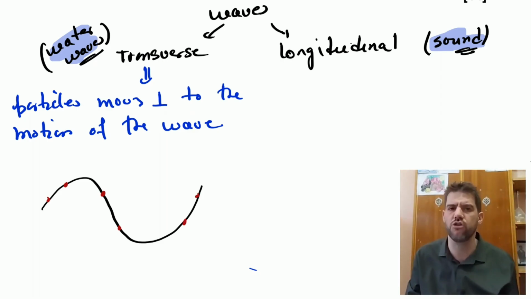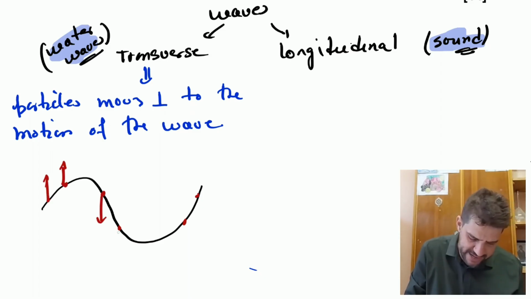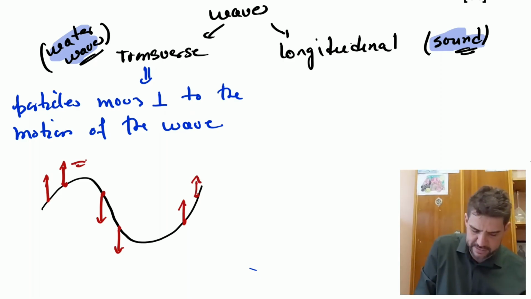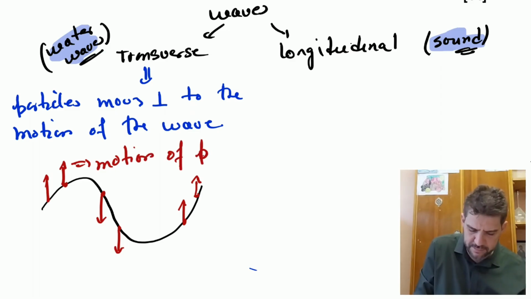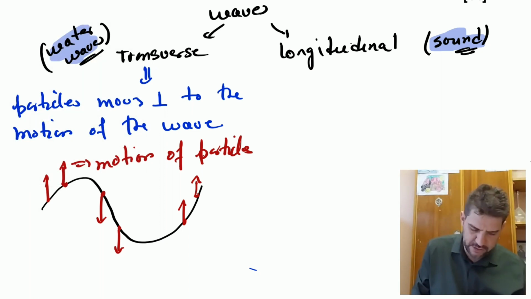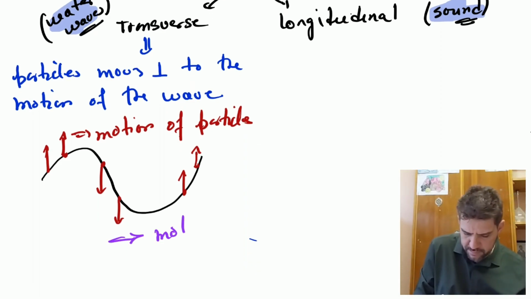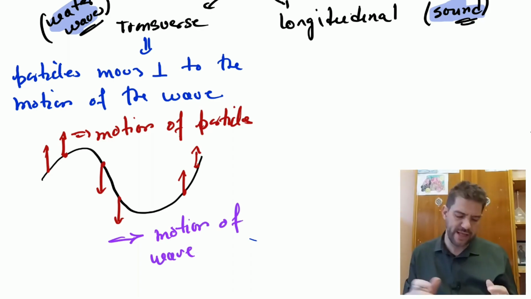I'm not going to represent all of them, but those particles are moving up and down as the wave moves in another direction. These represent the motion of particles. But this wave won't move up and down. It will move, for instance, to the right. This is the motion of the wave. So that is a transverse wave.